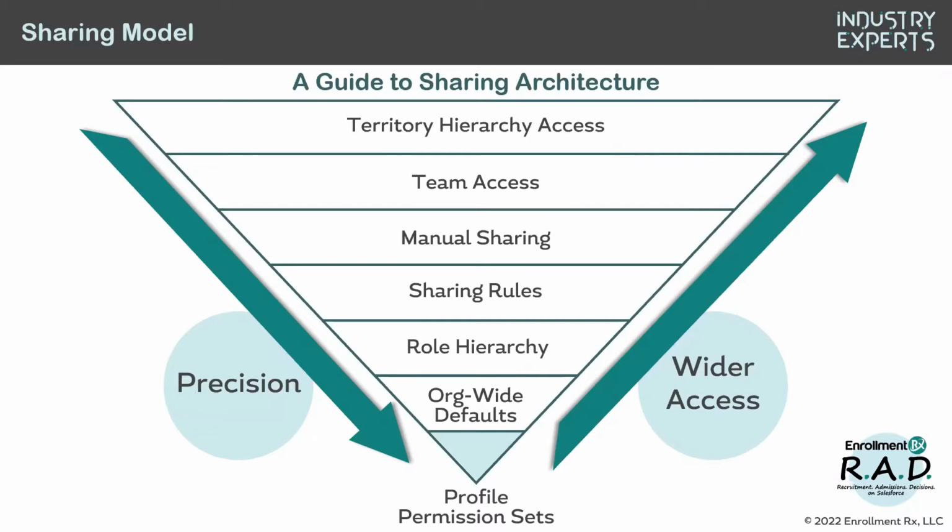And you can go beyond that with sharing rules to extend it even further beyond what's already being granted by the role hierarchy. And if your organization is making use of account teams and enterprise territory management or territory hierarchy, these features can also grant additional access for records on the account, opportunity, or on the case object as well.